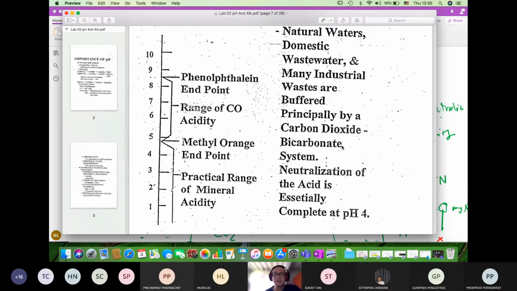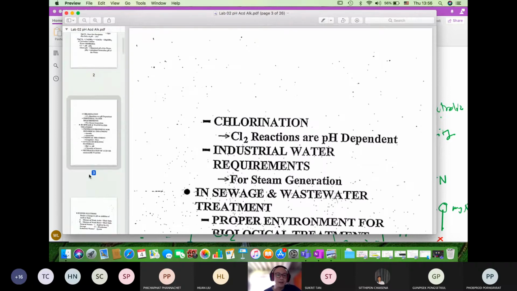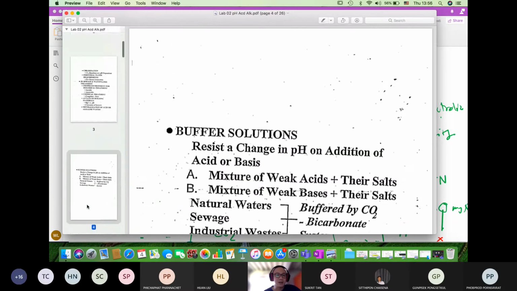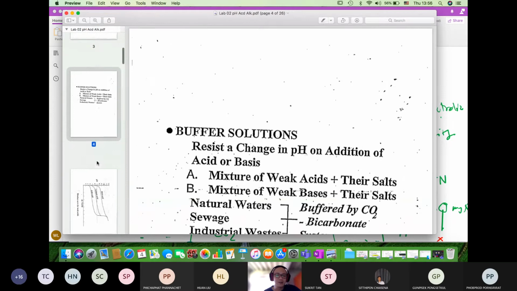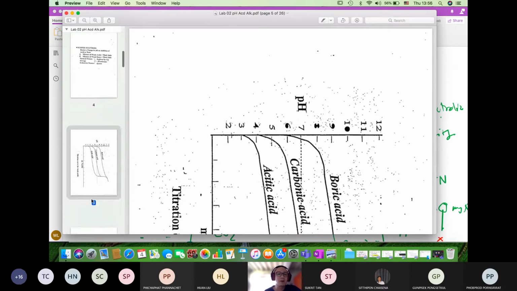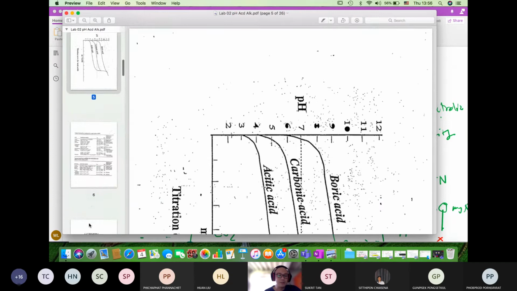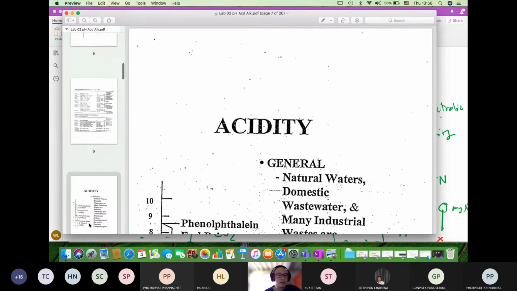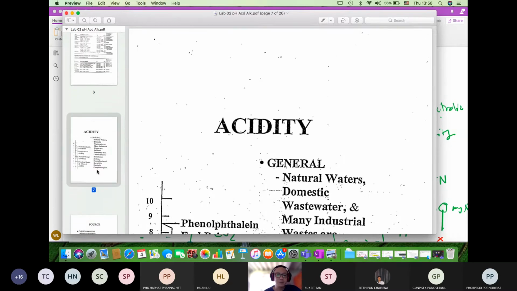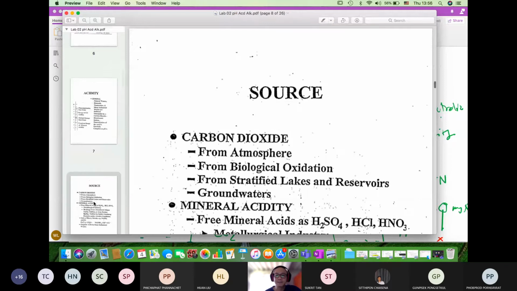In some particular types of wastewater, like acid mine drainage. Acid mine drainage is leaching water generated from the mining industry, especially metal mining.